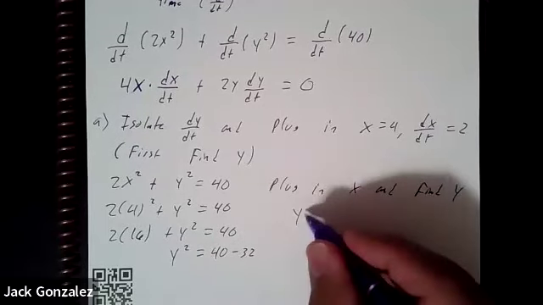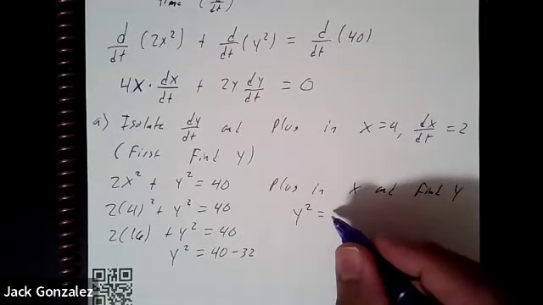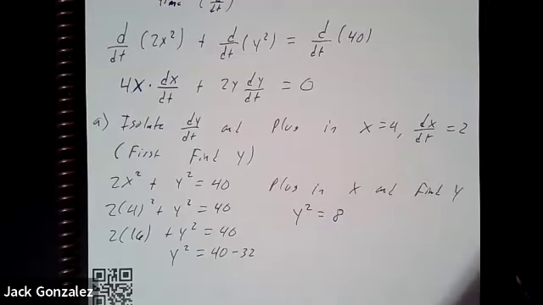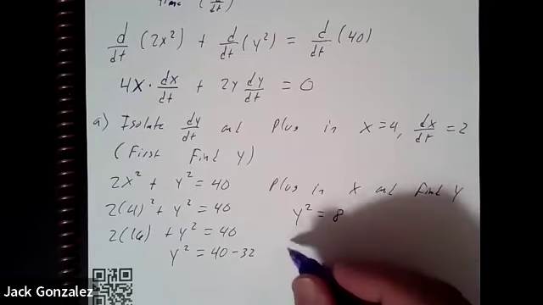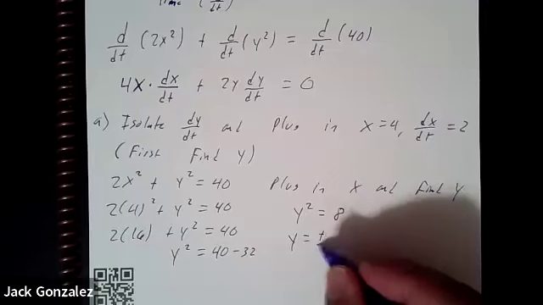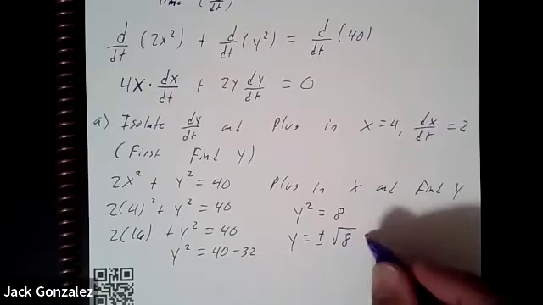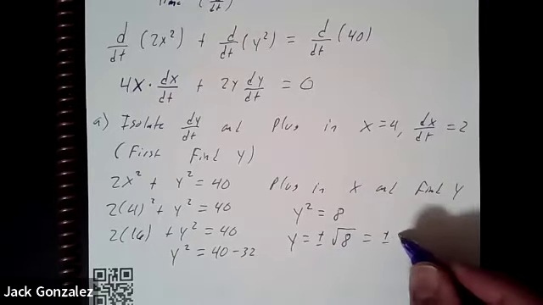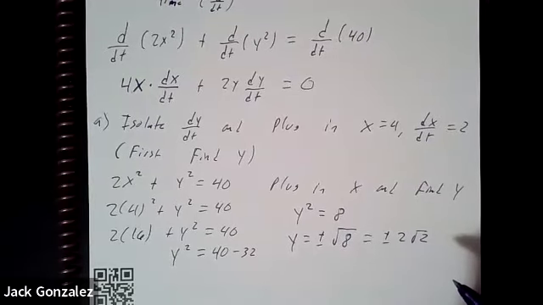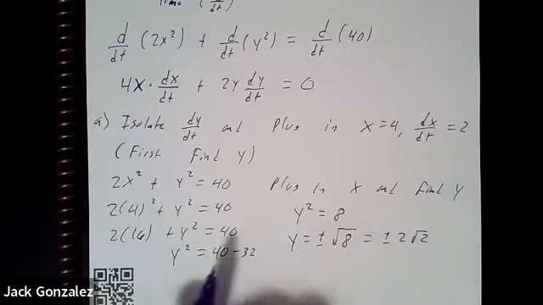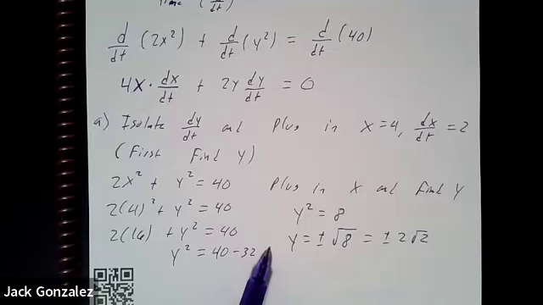Running out of space, let's skip some minor steps. y will be plus or minus square root of 8, which is plus or minus 2 root 2. You guys cool with the algebra that I skipped here, solving for y? Let me know if you have a question here. If not, I'll move on to the next page.